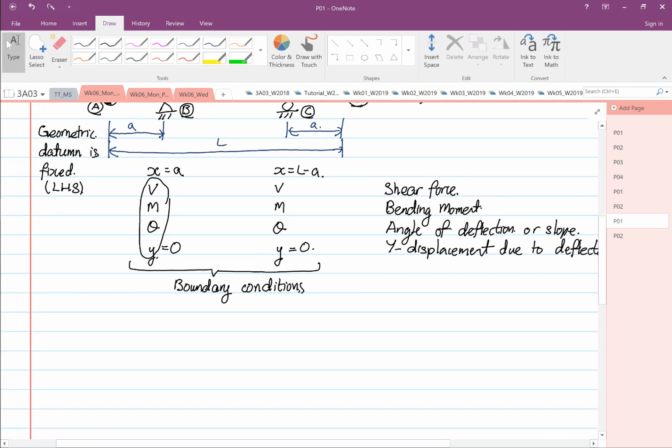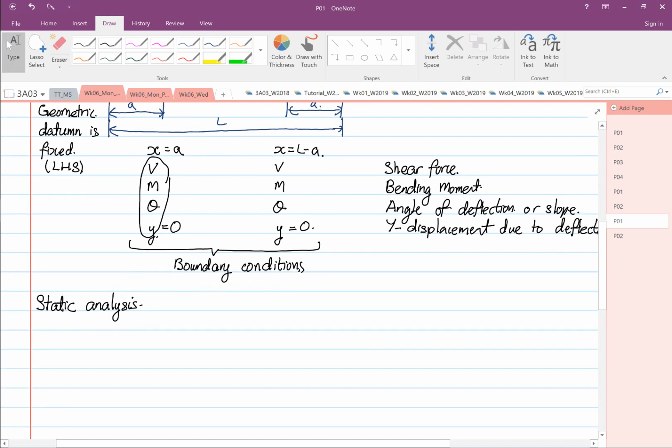So first we carry out a static analysis. Here we carry out static analysis. So before we do static analysis, we consider a free body diagram.